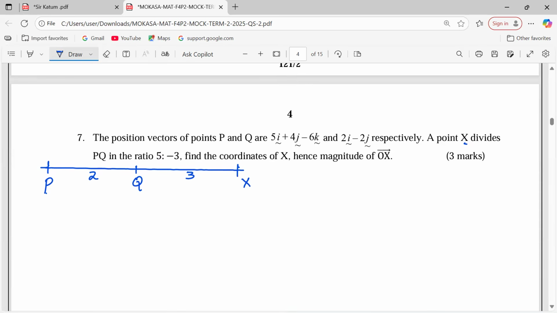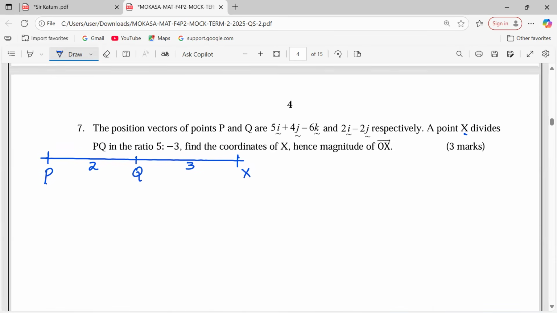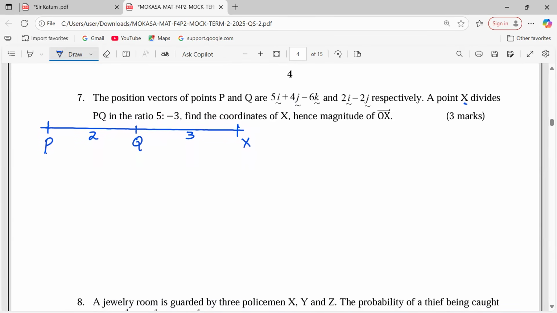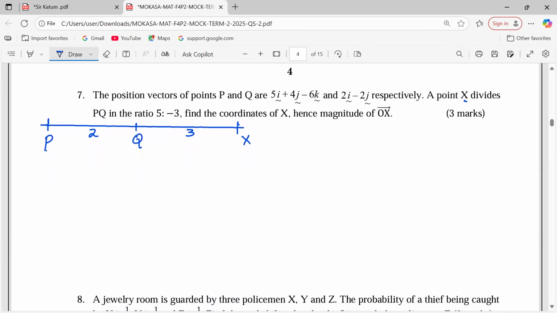Let me give the general overview of what we call the ratio theorem. Assume we are having A, B, then they are divided by a point T internally, such that we have M proportions and N proportions that way.